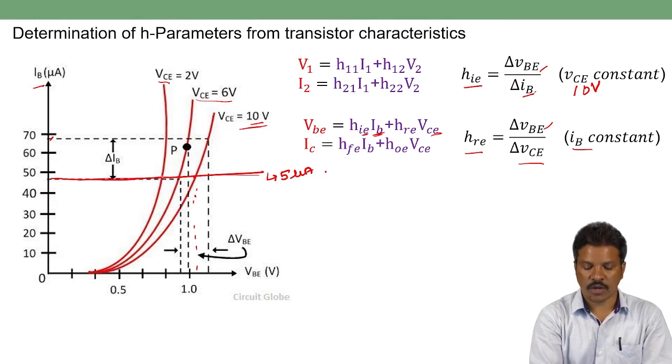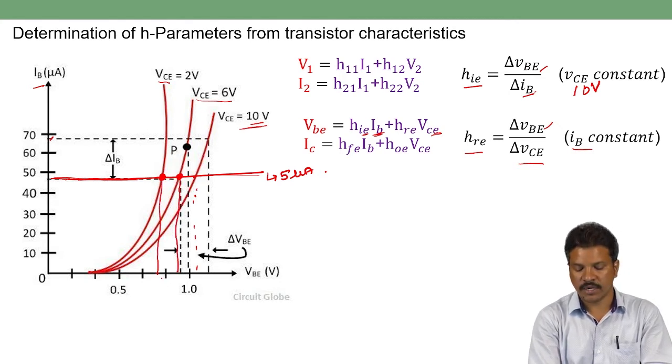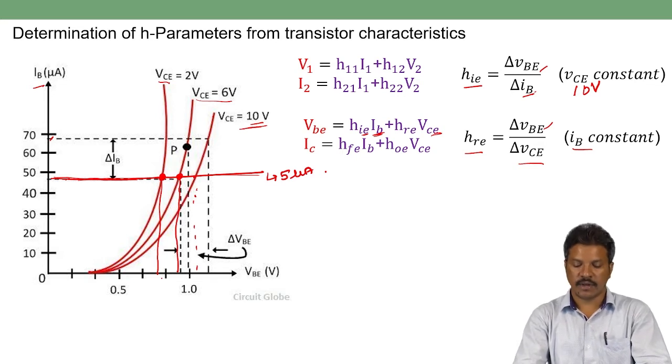line, the cross section points for the VCE 2 volt graph and VCE equal to 6 volt graph are the change in output voltage on the constant IB equal to 45 microampere line. Its corresponding voltages in input we can represent as some 0.6, 0.7 likewise.